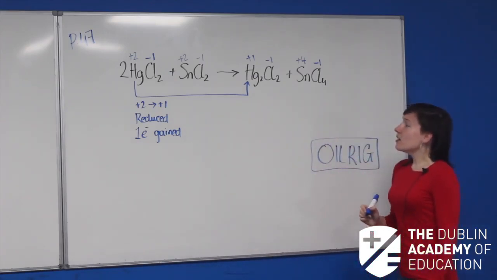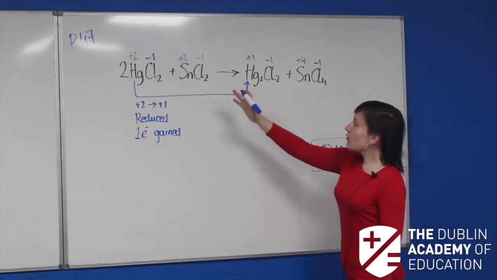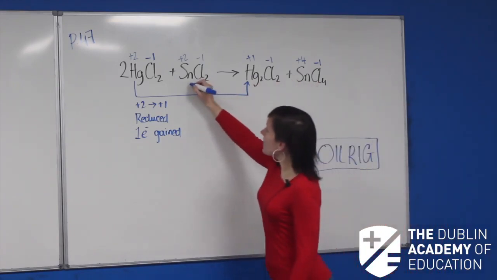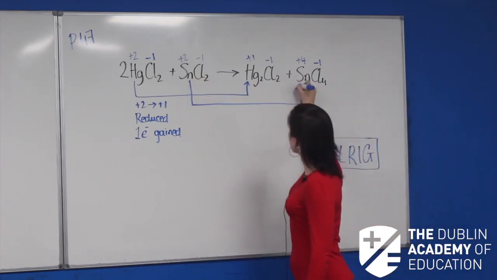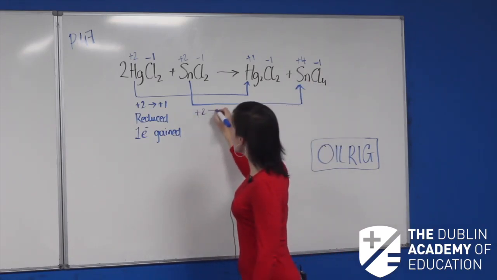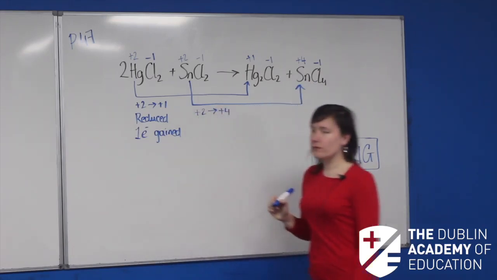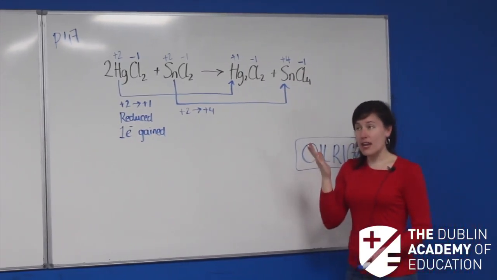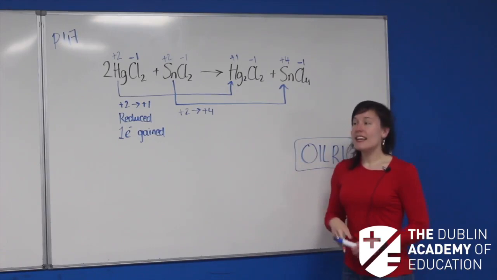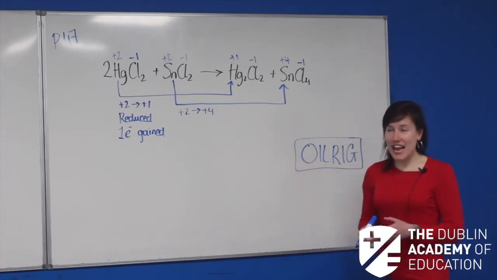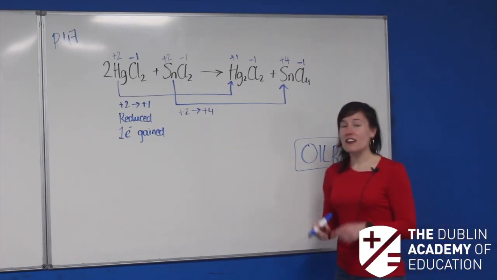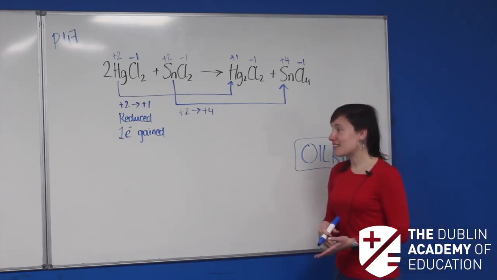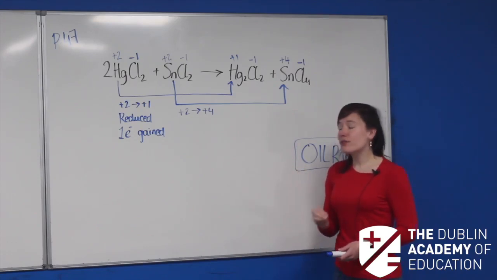All right, so what else has changed? So if we look across our oxidation numbers, we can see here that the tin has gone from +2 to +4, okay? So the oxidation number this time has gone up, it's becoming more positive. Now, if we think about how we can make an atom positively charged, it's to do with the loss of electrons. Remember, electrons are negatively charged, so if an atom loses an electron, it becomes more positive, okay?